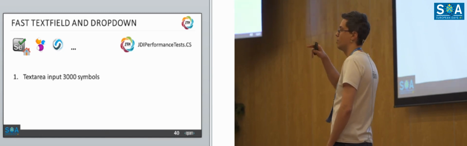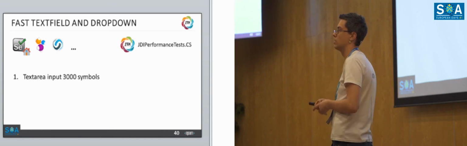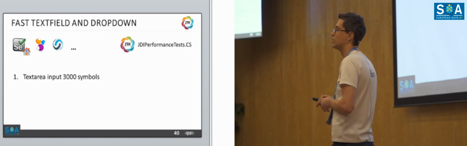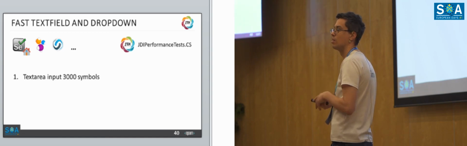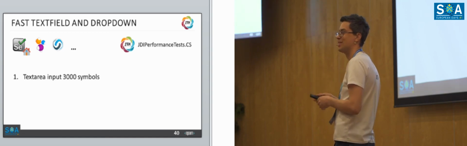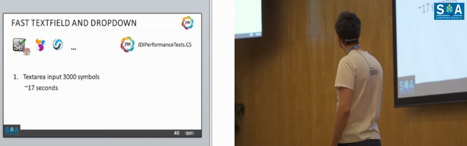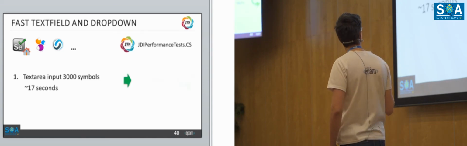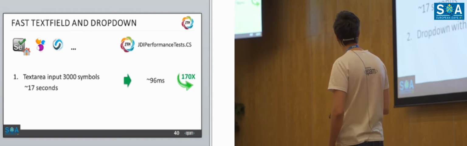We just write my text area, sendKeys, and a string with 3,000 symbols. 40 seconds? 35, 40 seconds. Another one, I have 5 minutes, okay. It's about 70 seconds for this input. And with JDI, we can do it in less than 100 milliseconds.